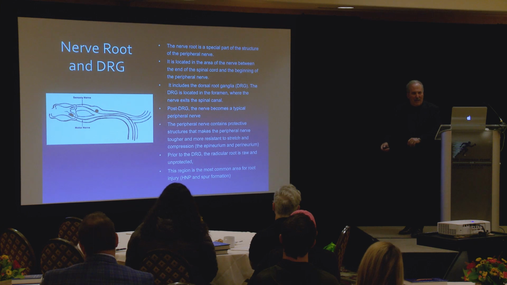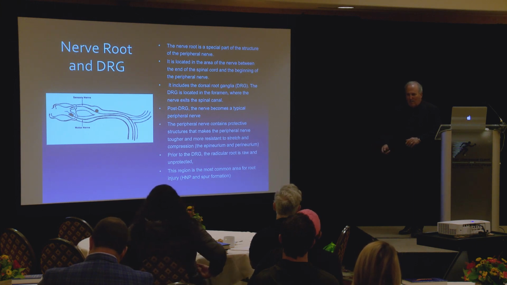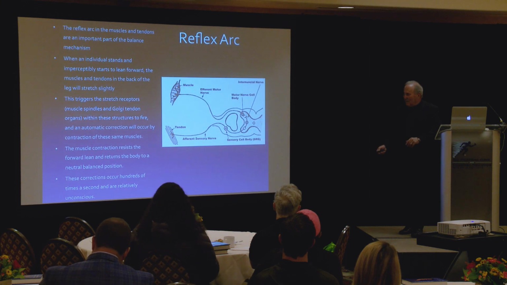After the dorsal root ganglion, the nerve is armored with epineurium, perineurium, and it is hard to hurt a nerve. But right past the dorsal root ganglion, the nerve is free. And that happens to be, unfortunately, where disc herniations occur. So the disc herniation takes a more vulnerable problem with a more common disorder and creates issues.